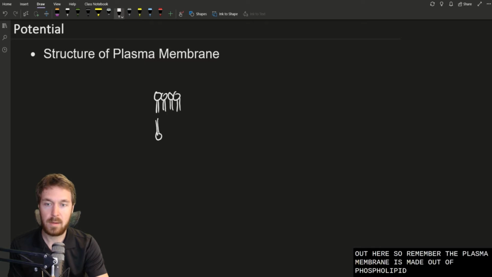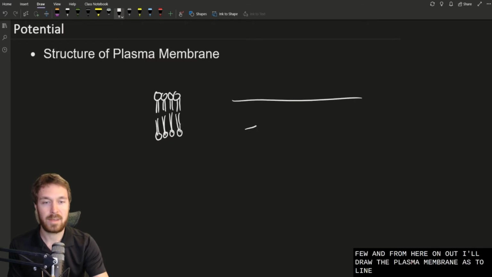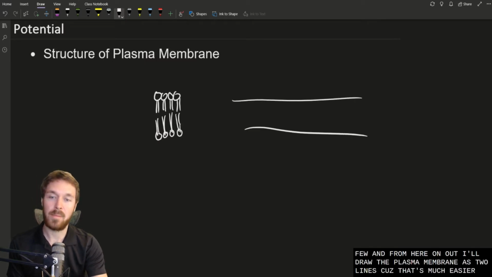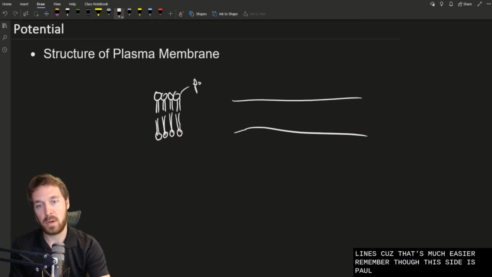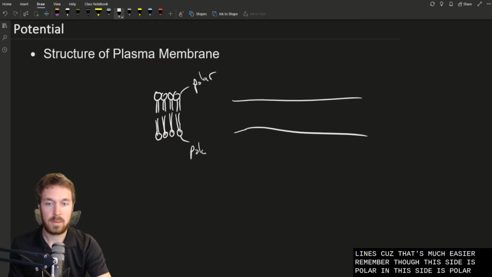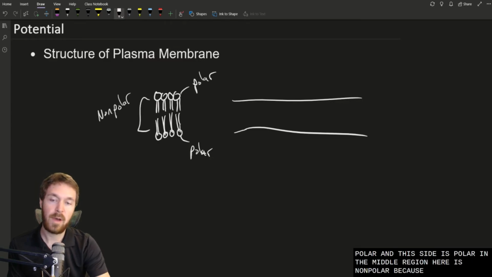So here, I'm just drawing a few, and from here on out, I'll draw the plasma membrane as 2 lines, because that's much easier. Remember, though, this side is polar, and this side is polar. In the middle region here is nonpolar, because these phospholipids are amphipathic.